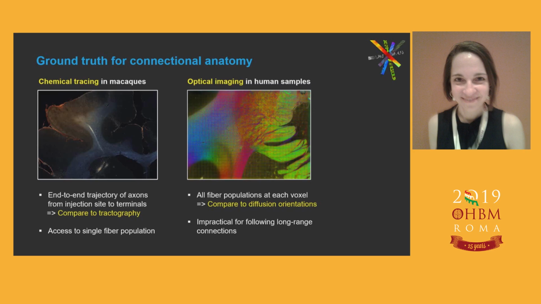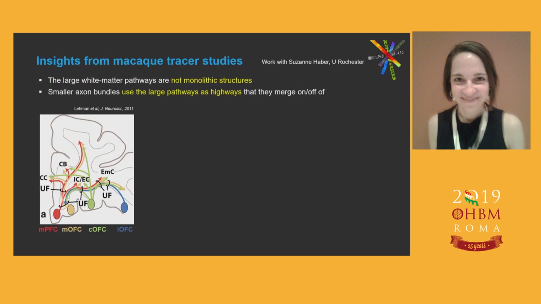On the other hand, using optical imaging in human samples, we can get all the fiber populations inside one voxel, but the techniques that we're using at the moment to do that have some technical limitations, and so they do not allow us to follow bundles all the way from one end of the brain to another. We can only do this in small samples at the moment. So these two sources have complementary strengths and weaknesses.